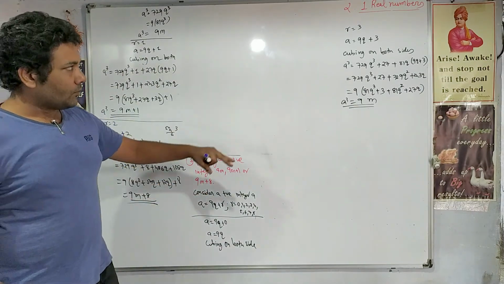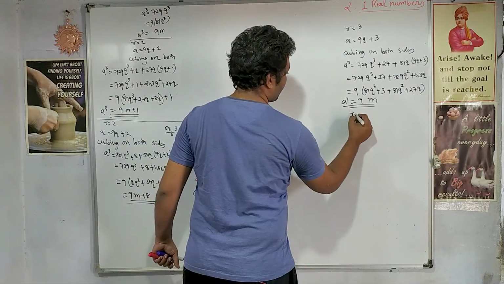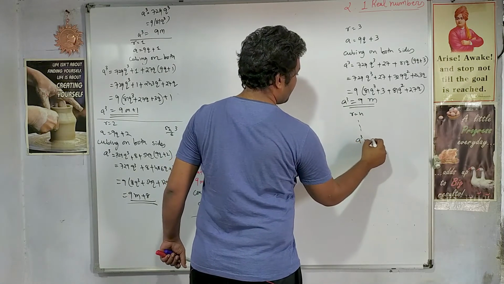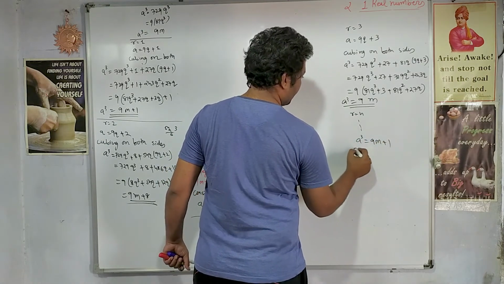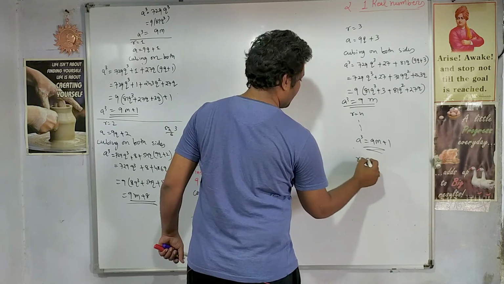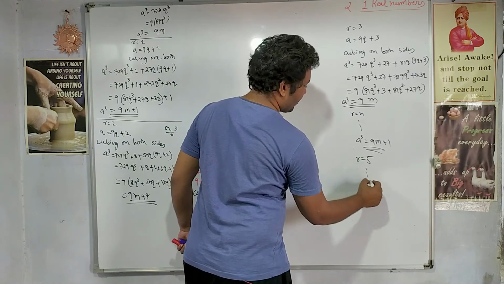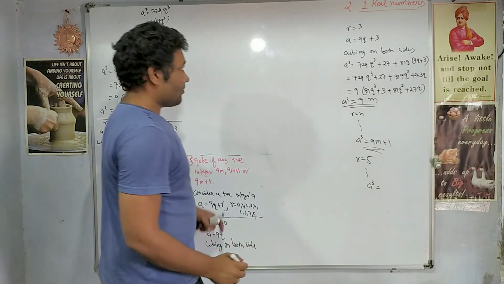So if I continue with r equal to 4 and simplify, I think I will get a cube in the format of 9m plus 1. Then again if I continue with r equal to 5 and solve, again I should get a cube, right? I have seen the sequence.